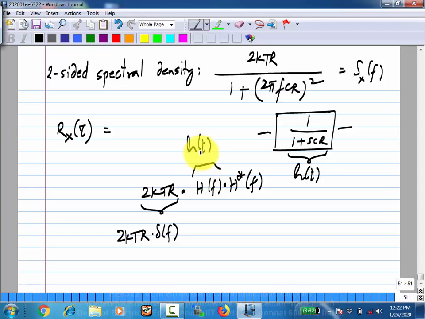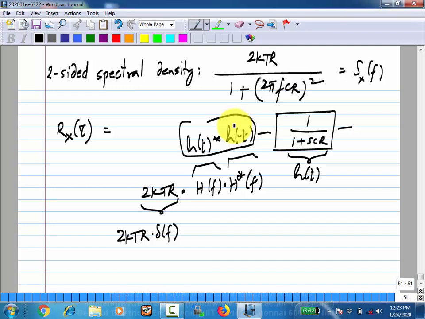H star of f is the Fourier transform of h of minus t. So what is this now? Convolution of h of t and h of minus t. There is some name for it, right? It is the autocorrelation of that energy signal, the autocorrelation of the impulse response of the filter.